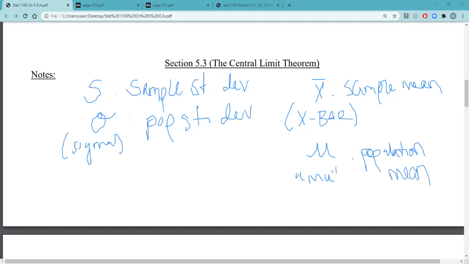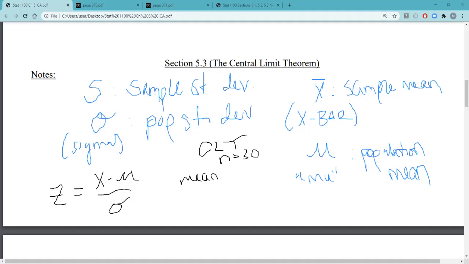Before, whenever we had a formula, we were looking for our z-score. We took x, which was some individual value, we subtracted the mean, and then divided by the standard deviation. Here, when we're working with the CLT, remember that we can say it's approximately normally distributed if we have a sample size larger than 30. We can also say that the mean can be approximated by the population mean that's given.